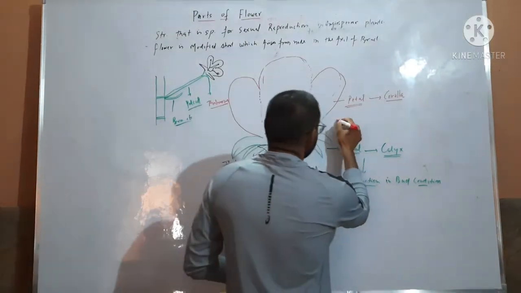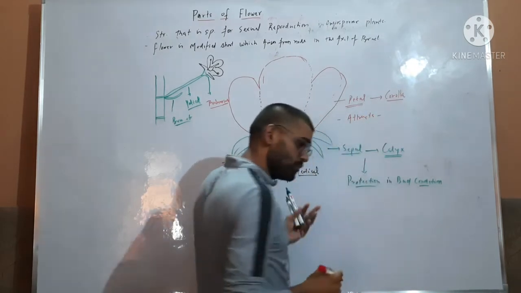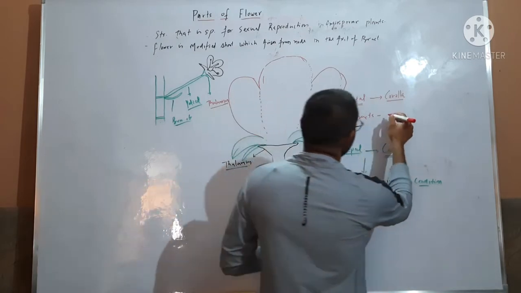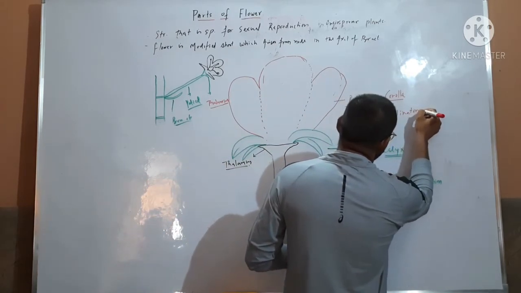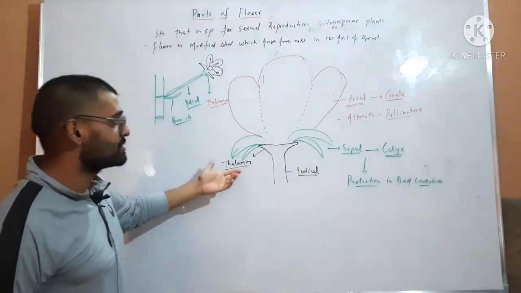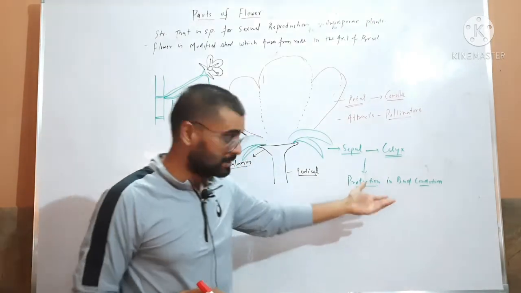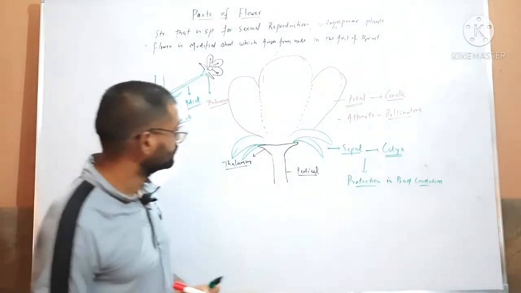It is showy, so it attracts pollinators. So the first word is calyx and the next colored whorl is corolla.